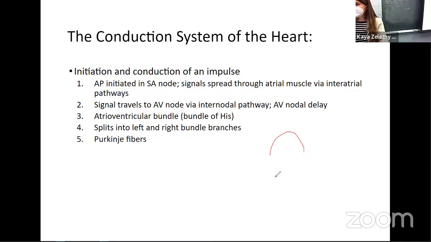Okay. So once we are at the AV node, we went from the sinoatrial node to our atrioventricular node. We're traveling through the bundle of His, which does split.